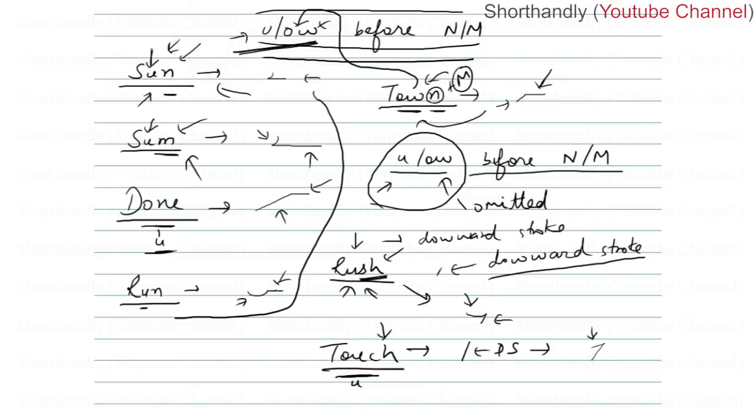This is our T, and this is our che, which is a short stroke. Let's see this again. We have this touch word, and we have A or U before che. Che is a downward stroke. You have to keep this in your mind: whenever you have U or A before a downward stroke, then this U or A will be omitted.